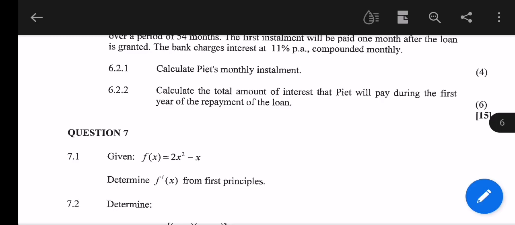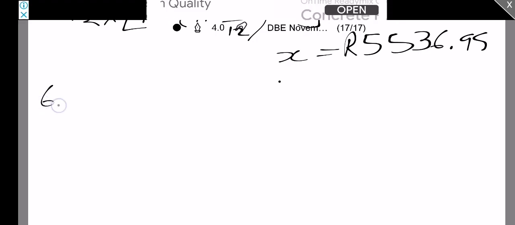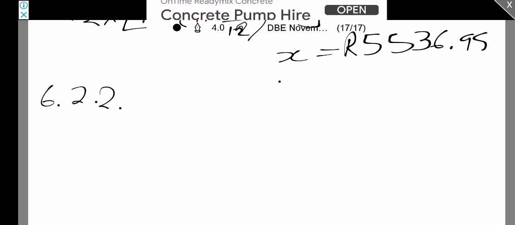Given the monthly installment from 6.2.2, we are going to multiply that by 12. Those are going to be PIT's payments. Now from that, we are going to determine how much interest PIT paid.